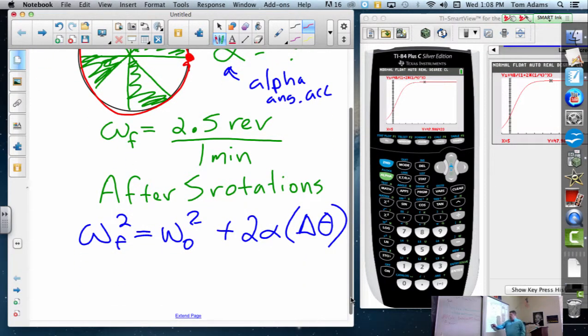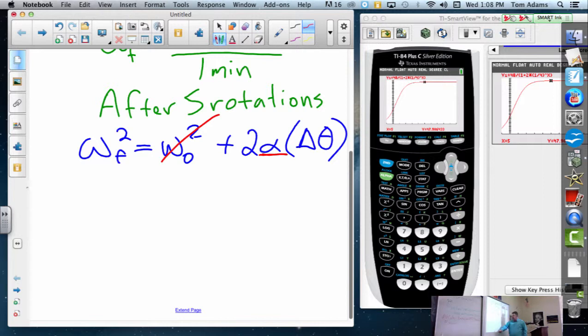If I start to fill some stuff in, what was my initial angular velocity? 0. So this goes away, doesn't it? And we're solving for alpha. Let's solve this algebraically. If this equals 0, that goes away.